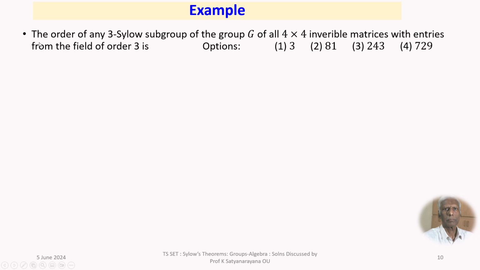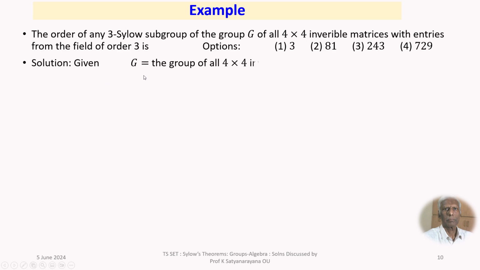Now this question reads: the order of any 3 Sylow subgroup of the group G of all 4 by 4 invertible matrices with entries from the field of order 3. We have 4 options.